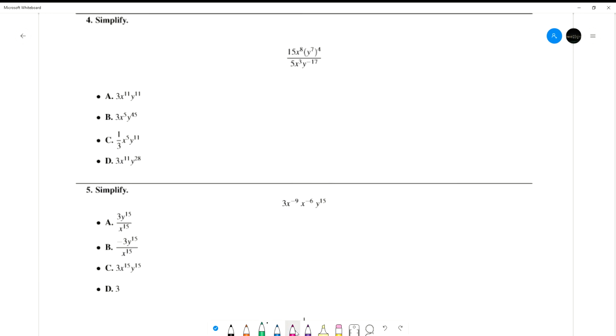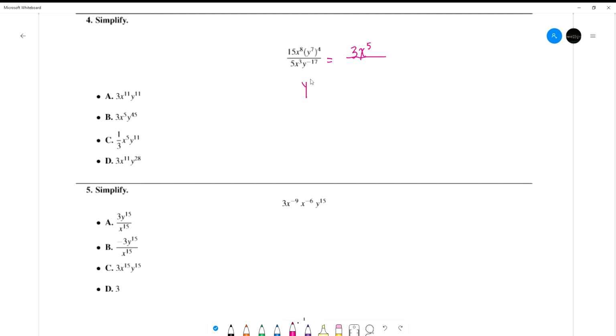Okay, we have the laws of exponents here. So I'm just going to draw a fraction bar. 15 over 5 is 3. And then I have x to the 8th over x cubed. That's x to the 8 minus 3, which is x to the 5th. And for the y's, I have to do the numerator first.